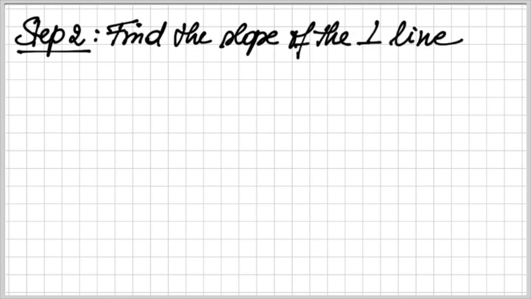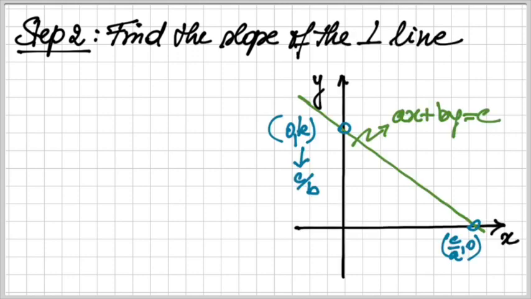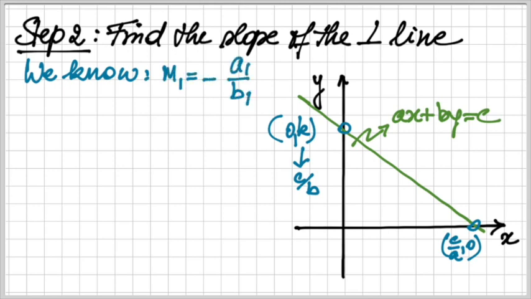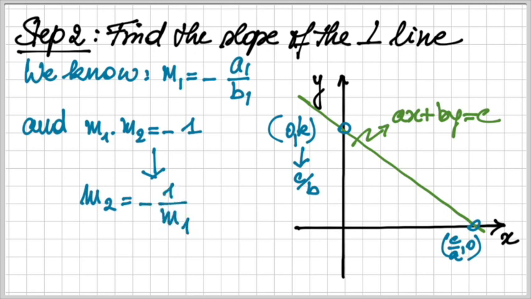When we look at step 2, we have to find the slope of the perpendicular line. We still have the same drawing, and we know that m1 is equal to minus a1 divided by b1. Then m1 times m2 is equal to minus 1, which gives us m2 equal to minus 1 divided by m1.